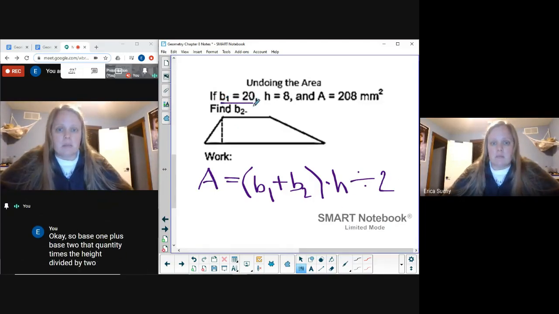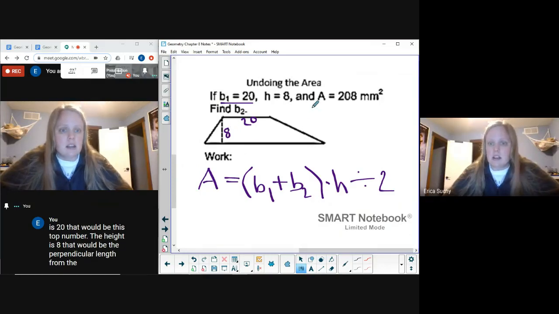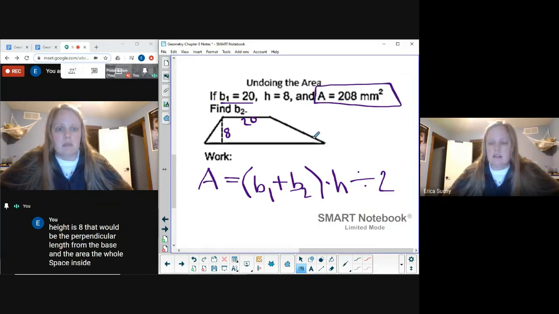So up here it says base 1 is 20, that would be this top number. The height is 8, that would be the perpendicular length from the base. And the area, the whole space inside, is 208 millimeters squared. Find B2. So that means B2 is our unknown.